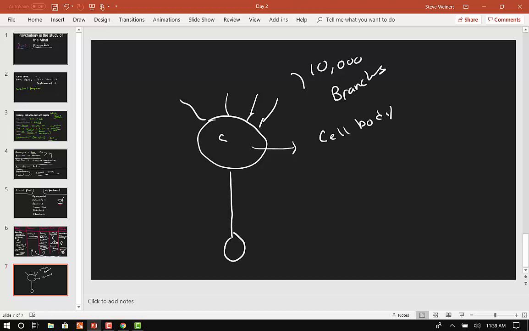In the cell body is your badly drawn DNA. So why is the cell body important? Well, the information. If you damage the cell body, you'd kill the whole neuron. But if I damage some branches, guess what they do? They regrow.